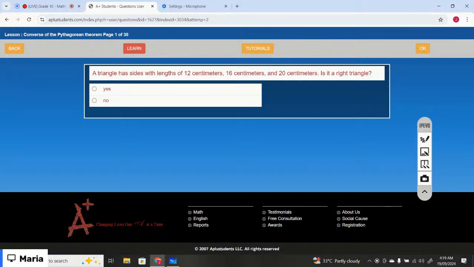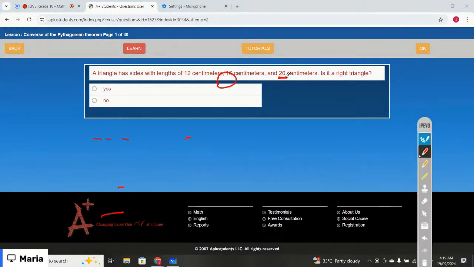A triangle has side lengths with 12 centimeter, 16 centimeter, and 20 centimeter. Is it a right triangle? Okay, let's just see. The longest side is always the hypotenuse, right? So that is C. C is 20. So C square equals A square plus B square, that is 20 square equals 16 square plus 12 square, right?